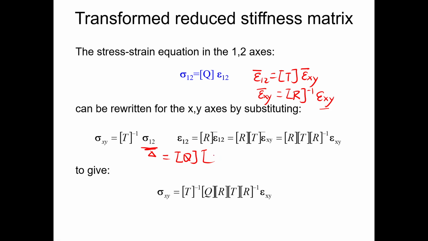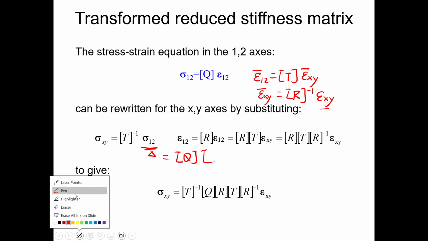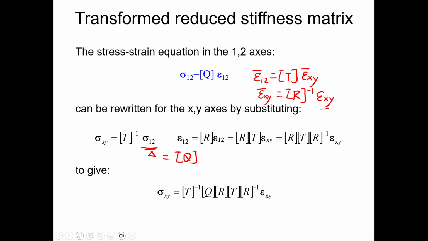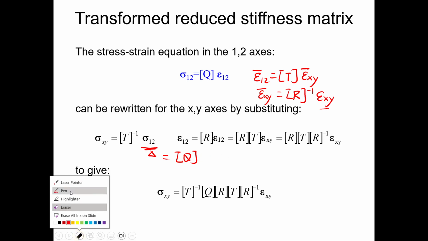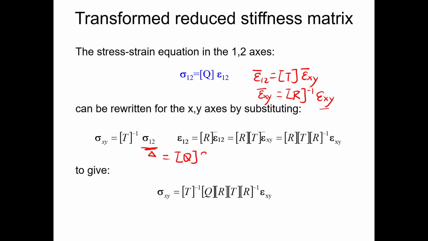Let me explain that a bit more clearly. This is equal to sigma 1, 2, like the blue equation shows, and then we replace epsilon 1, 2 by this whole term. It becomes Q times R T R minus 1 epsilon xy, which is the equation here.